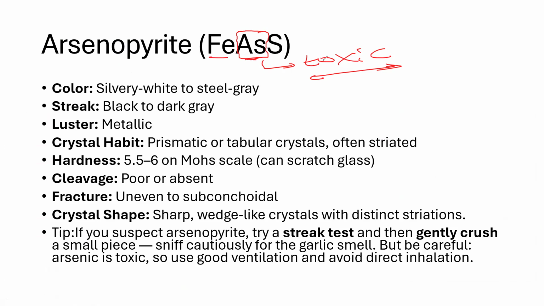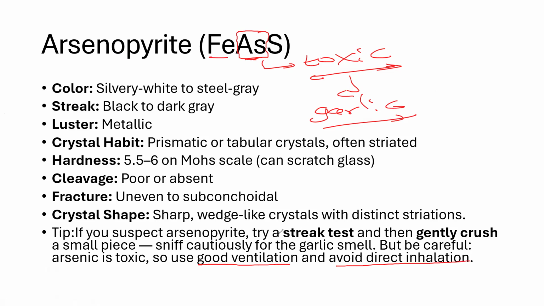Because of the arsenic, it smells like garlic. So if you want to know that you're dealing with arsenopyrite, you must smell this. But provided you can only smell this if you are in an environment with good ventilation, and you must always avoid direct inhalation, because this thing is toxic, it's dangerous and it's poisonous.